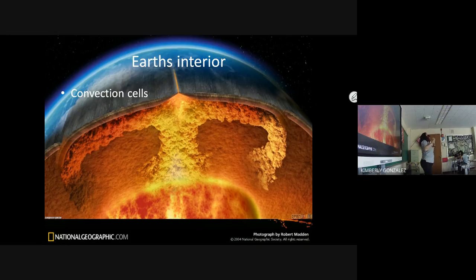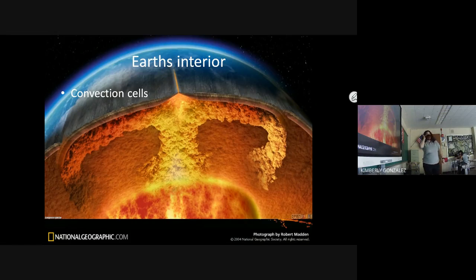But once you get away from the heating source, you start to cool down. When they cool down, their kinetic energy slows down. There's less of it, which means that their density increases and they fall back down, creating that convection current.